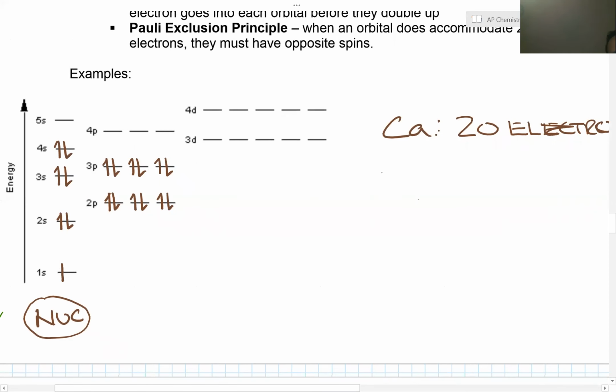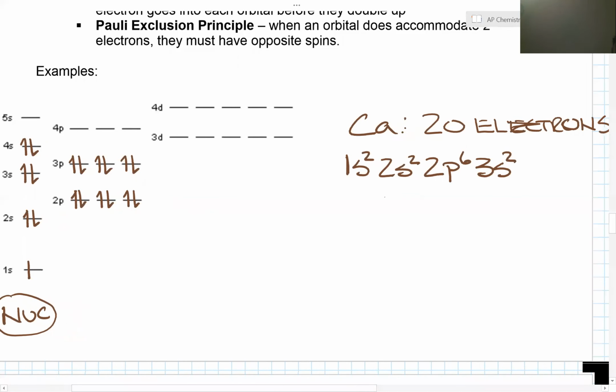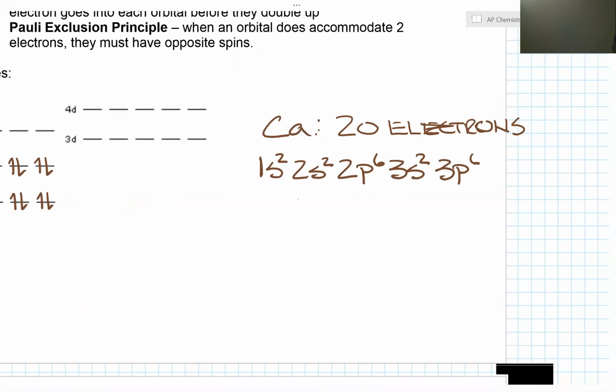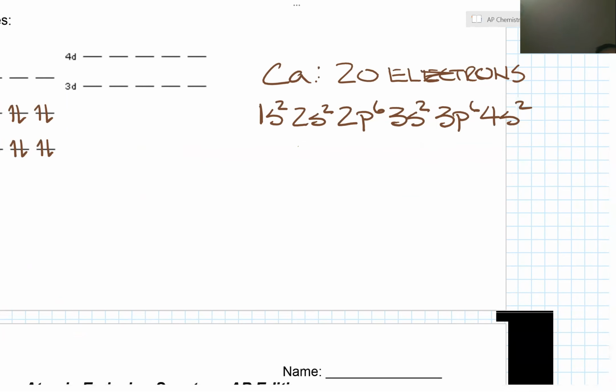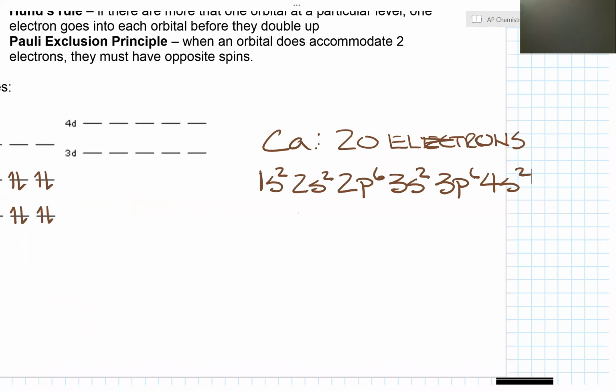So we have 1s2, 2s2, 2p6, 3s2, 3p6, 4s2. So that is the electron configuration.